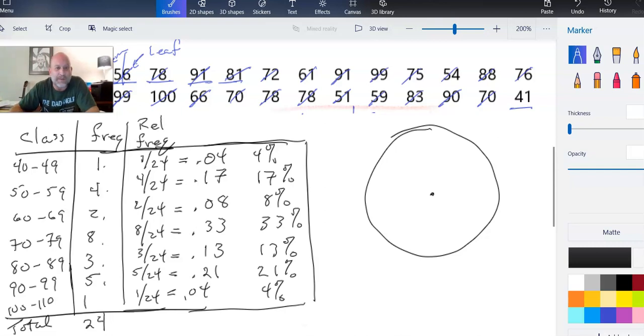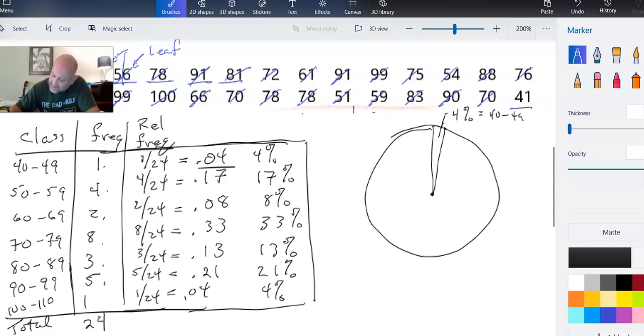Okay, so basically, when we break these things up, 4% is a very small amount, and it would be a very, very narrow angle here. I'm just going to say that's 4%, and you would have a label on there, 40 to 49.